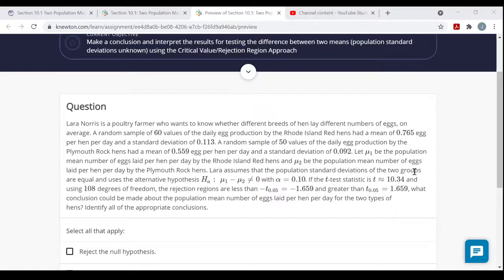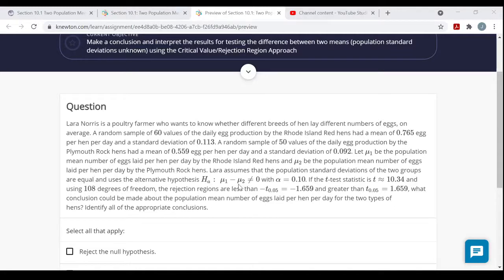Alright, so Laura assumes that the population standard deviations of these two groups, the Rhode Island Reds and the Plymouth Rocks, are equal, and uses the alternative hypothesis that they're not equal, right? Because if mu1 minus mu2 is not 0, that just means mu1 is not equal to mu2. So the null hypothesis is assuming they are equal.